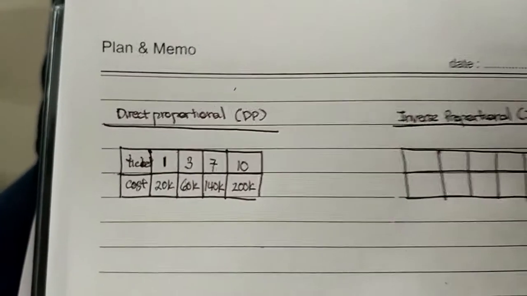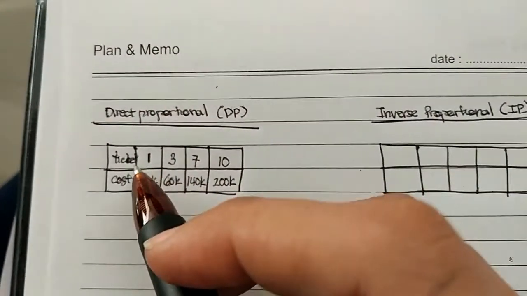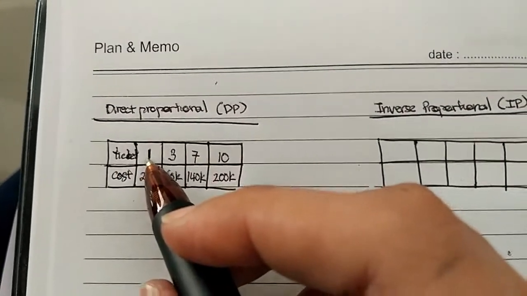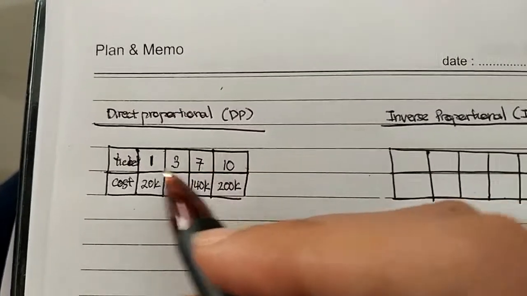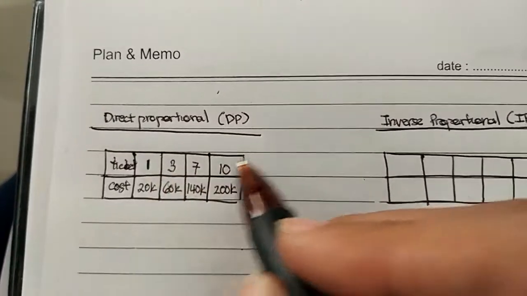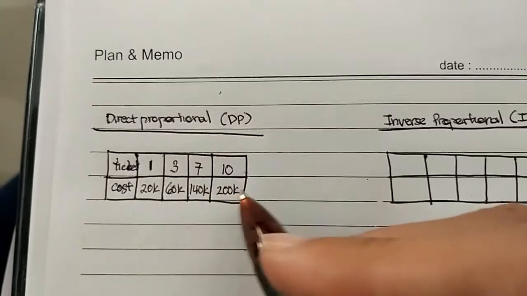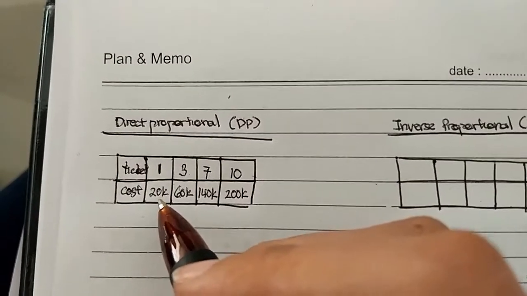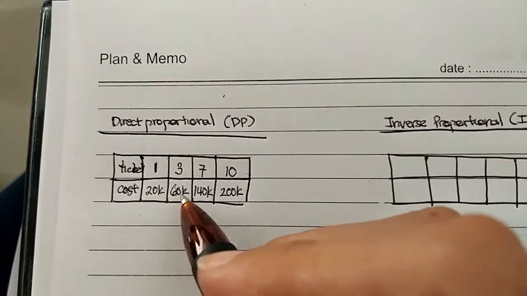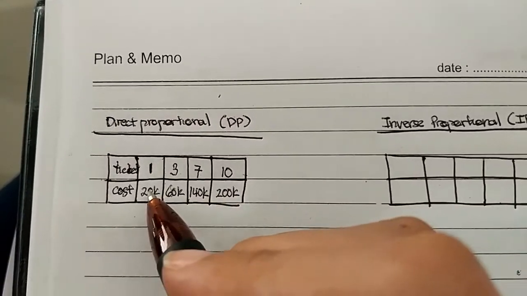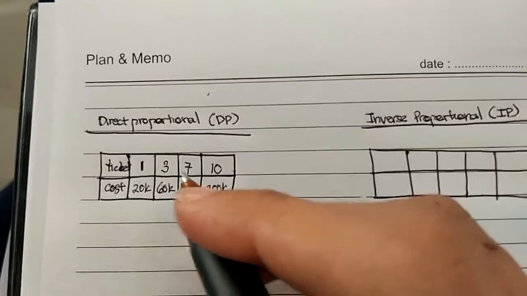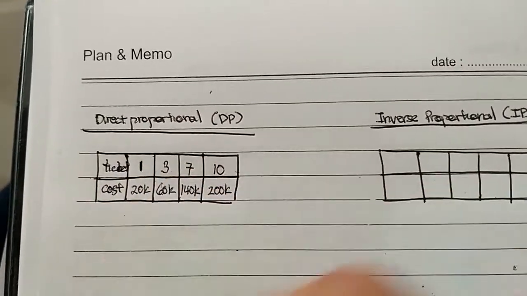Now if you look at the value of ticket from left to right, the number is going up. 1, 3, 7, 10, increasing, right? But for the cost here, it's also going up. They are both increasing. Now, this one is a direct proportional.